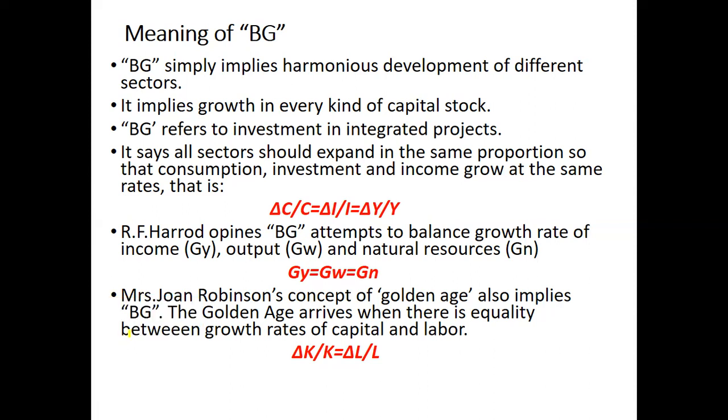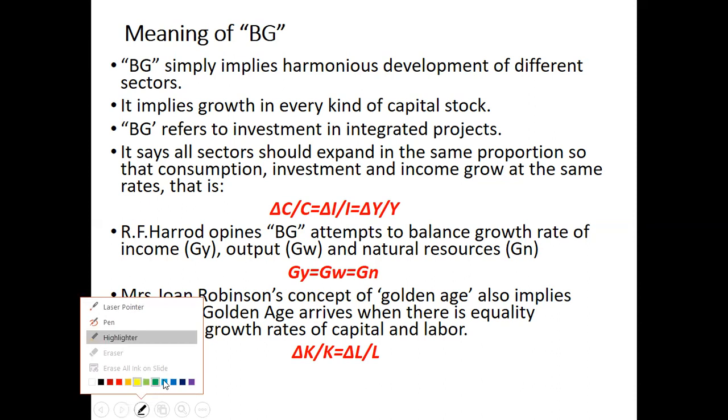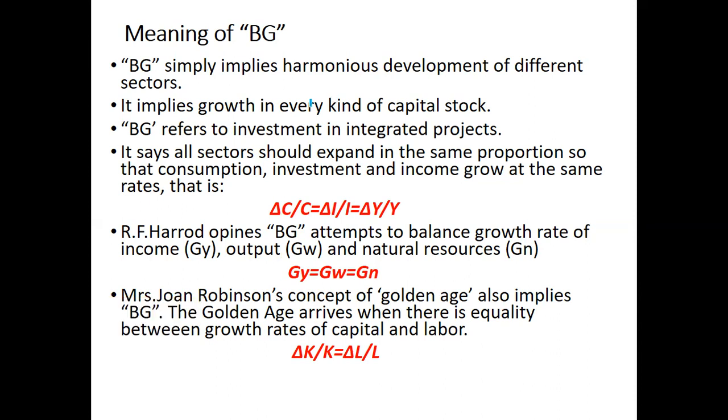Here, delta C upon C is the rate of growth of consumption, delta I upon I is the rate of growth of investment, and delta Y upon Y is the rate of growth of income. So the consumption, investment, and income grow at the same rate in all sectors.